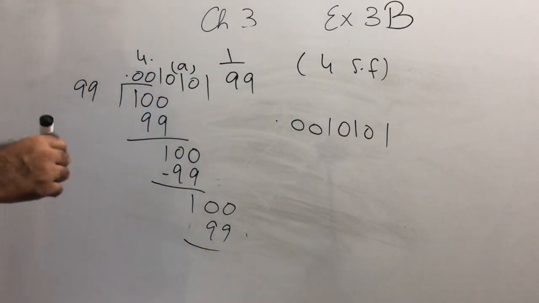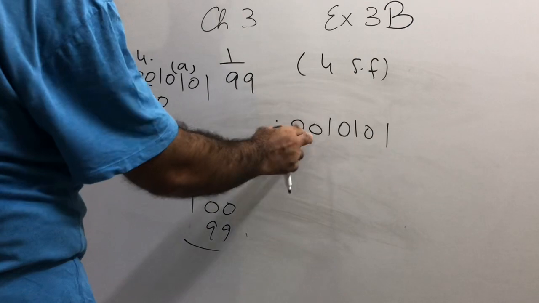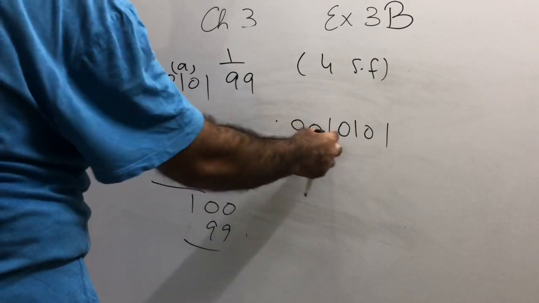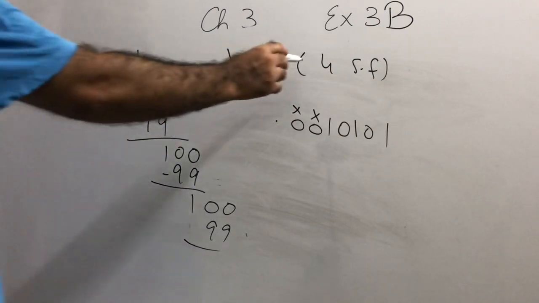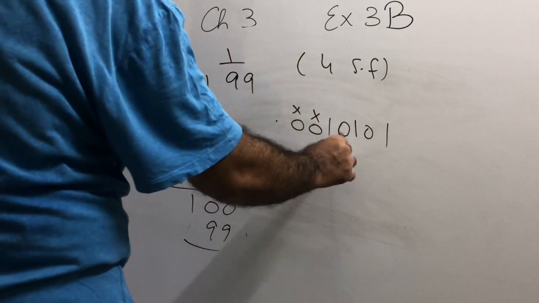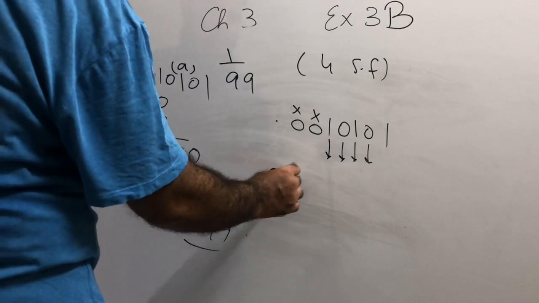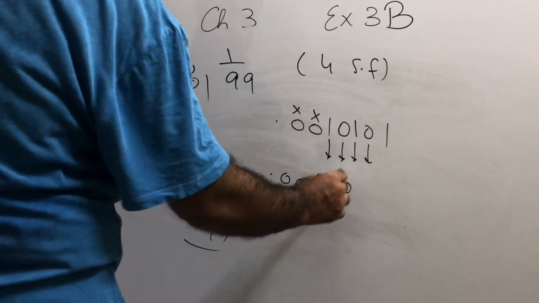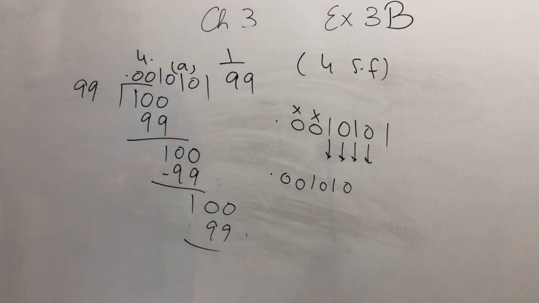Okay, here we see that the zeros before the numbers, these are not significant. Okay, so we need 4. 1 2 3 4. So the answer will be 0.001010, because here we have 4 significant figures.